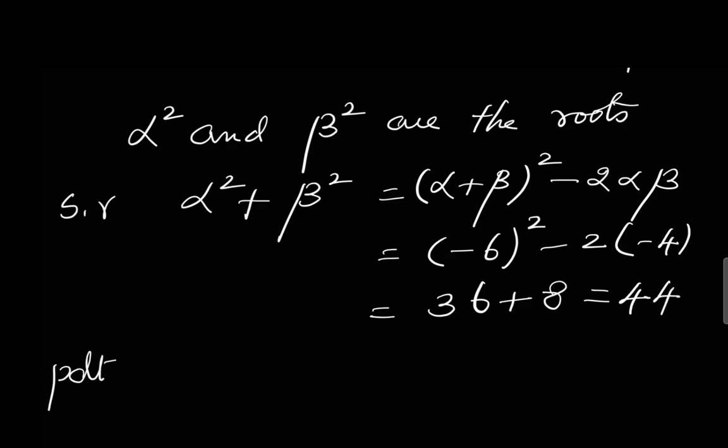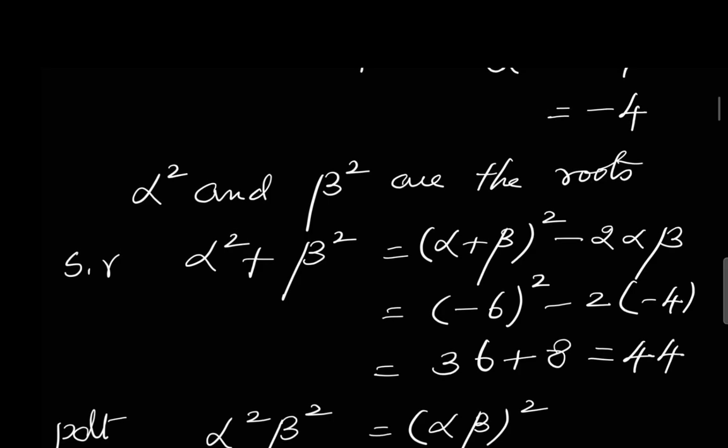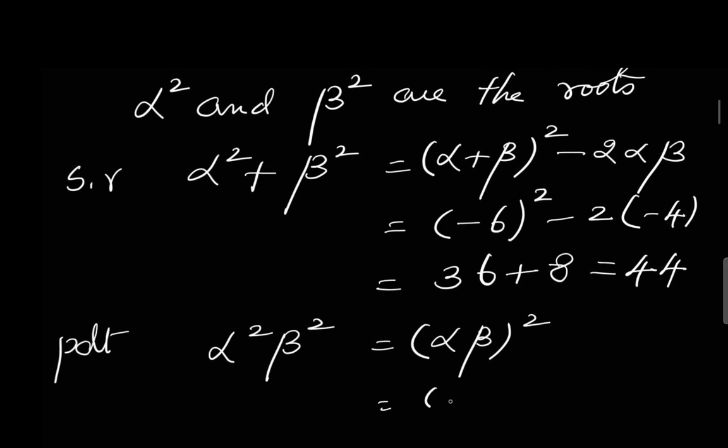Product: alpha squared into beta squared. So alpha beta the whole squared. So what is alpha beta? Minus 4. So minus 4 the whole squared is equal to 16.